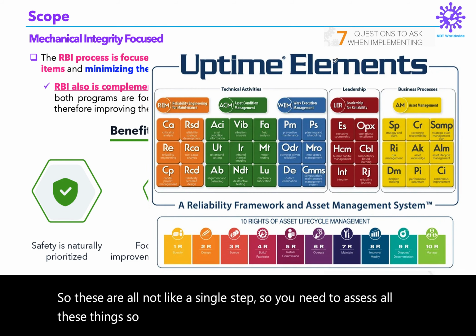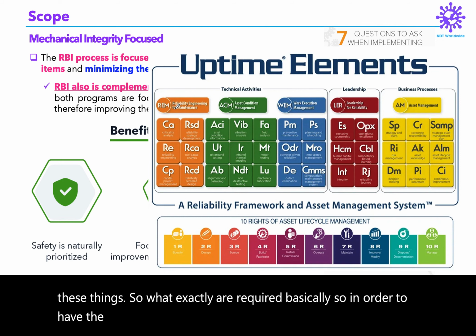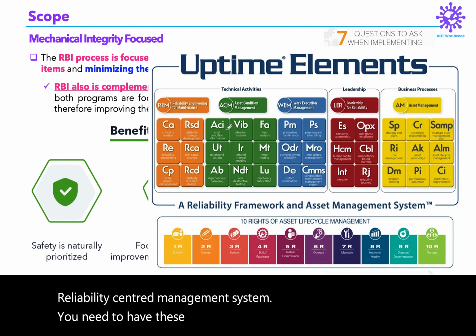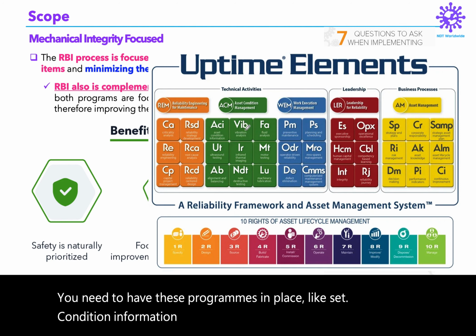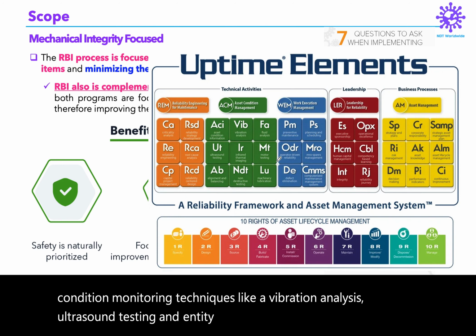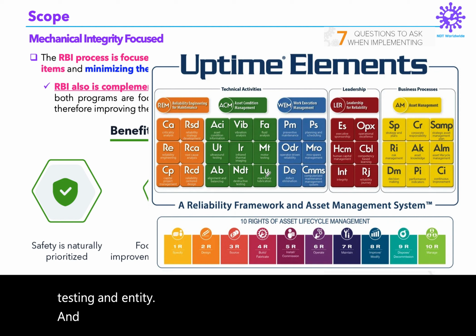So what exactly is required? In order to have this reliability centered maintenance system, you need to have these programs in place, like asset condition information, and also implement condition monitoring techniques like vibration analysis, ultrasound testing, NDT, motor testing, machinery lubrication, then fluid analysis.